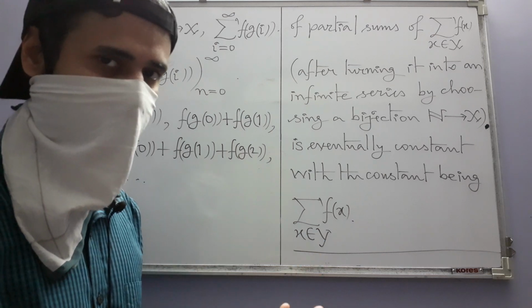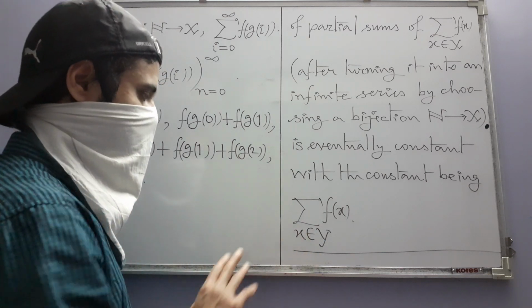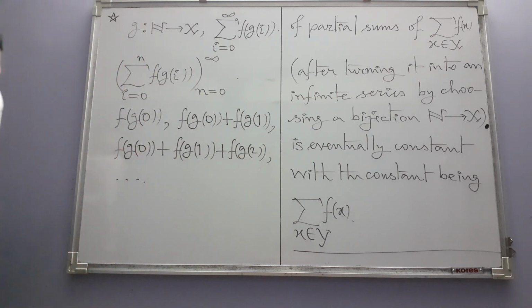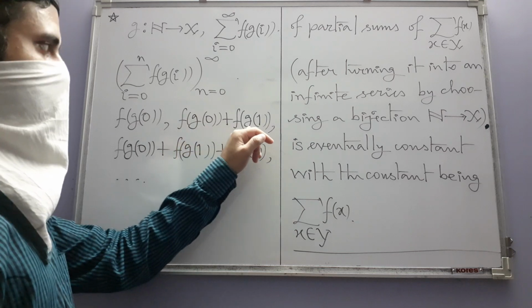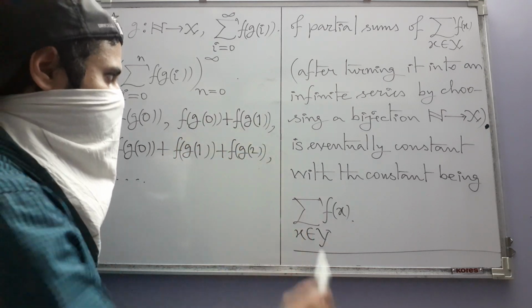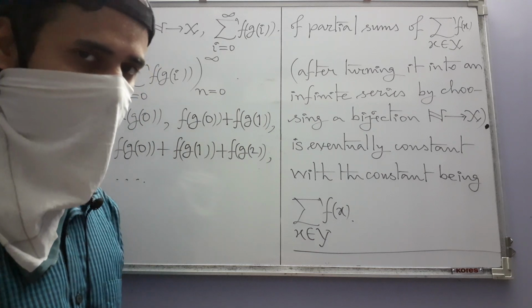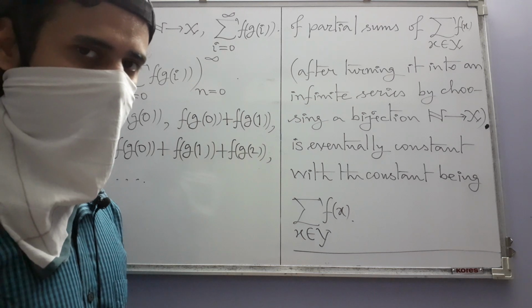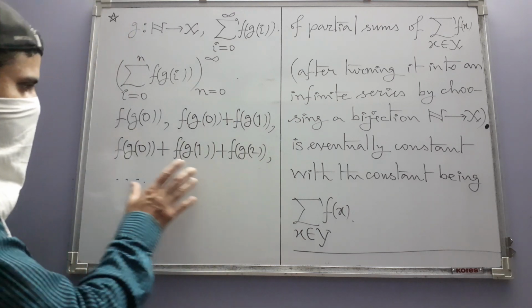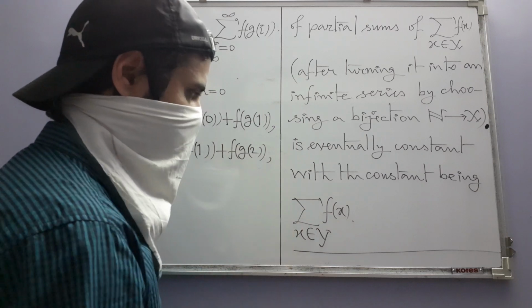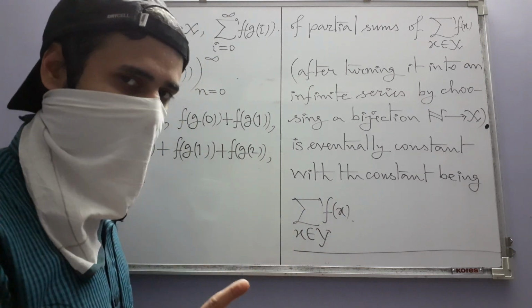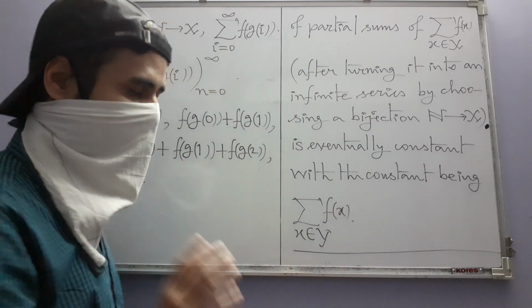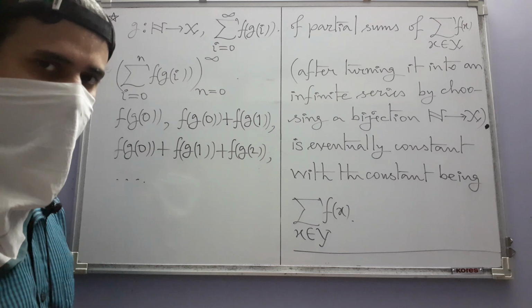It is in x no doubt, but it may not be in y, and as such this f value may be 0. Maybe the next one belongs to y, so that f of g of 1 is a non-zero real number. Maybe the one after that is also non-zero. So it entirely depends on what the set y is, but because y is finite, the elements in y are going to be exhausted at some point in considering these partial sums.